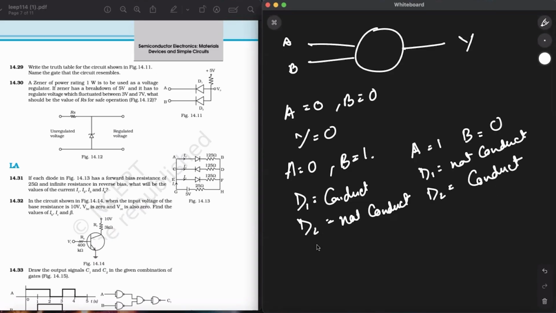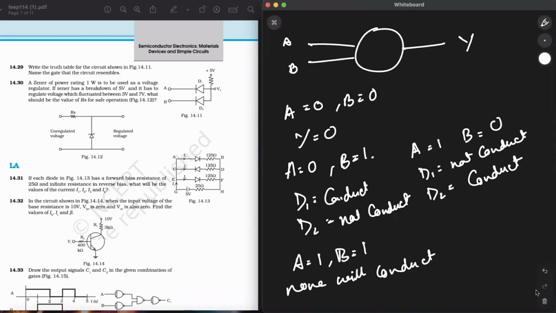And lastly, when A is equal to 1 and B is equal to 1, none of the diodes will conduct. So this forms my truth table.